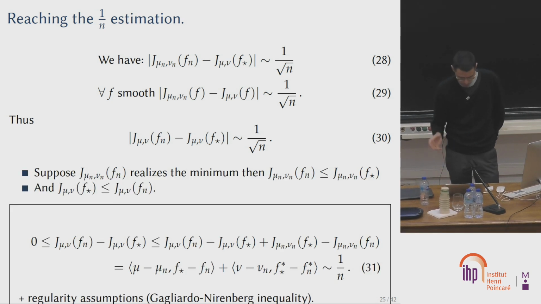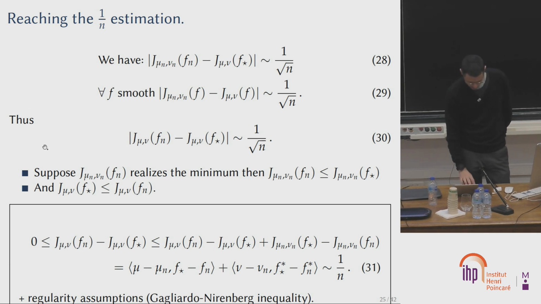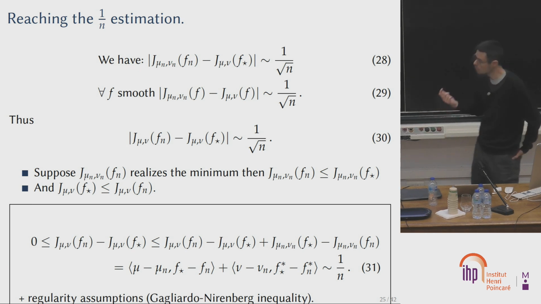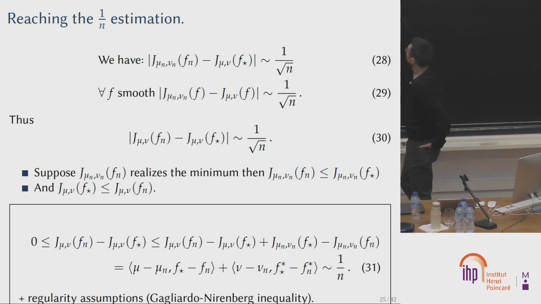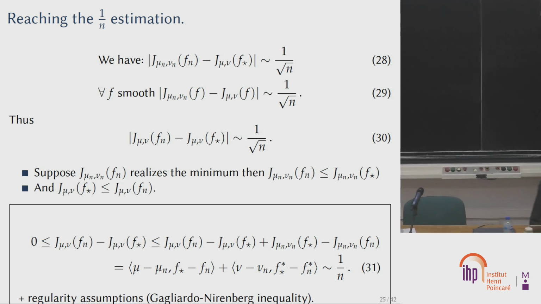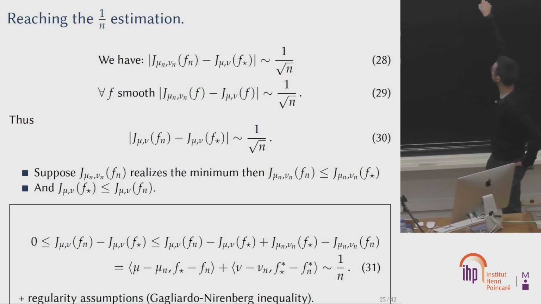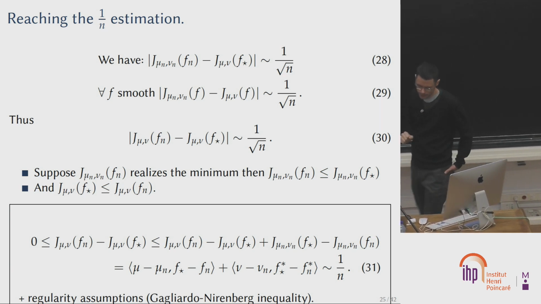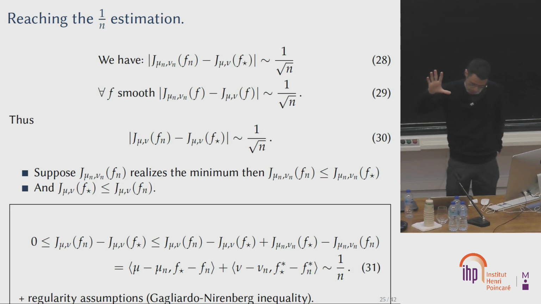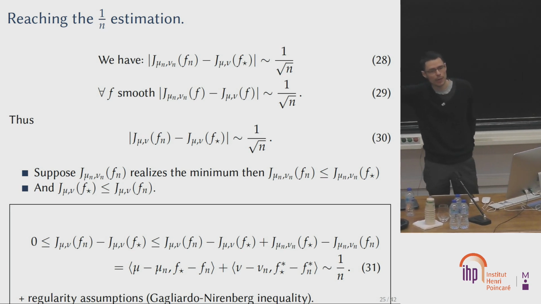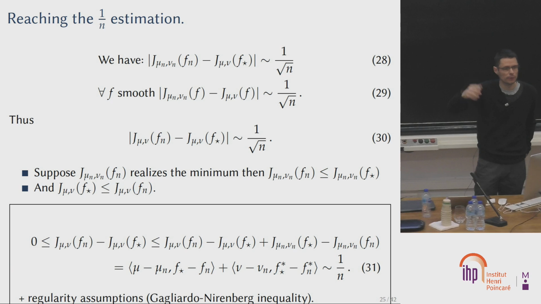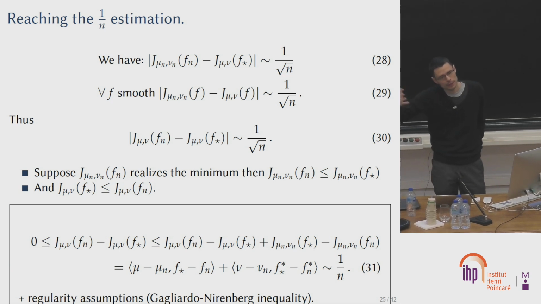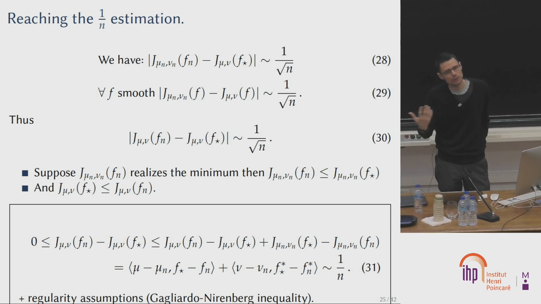But by massaging the inequalities a bit, for instance, if you are interested in J of nu of fn, the first term, you introduce the sampled measures mu n and nu n, and you can rewrite it as a sum of scalar products between mu and mu n, which fluctuates in 1 over square root n, and f and fn, which also fluctuate in 1 over square root n.